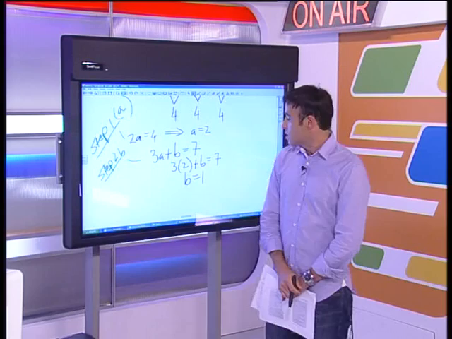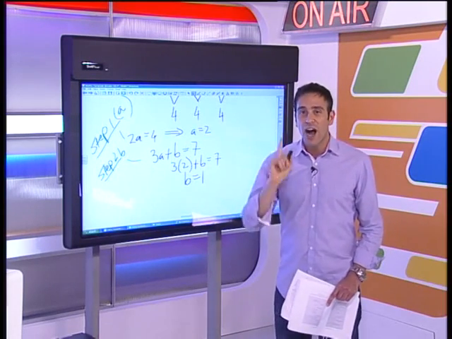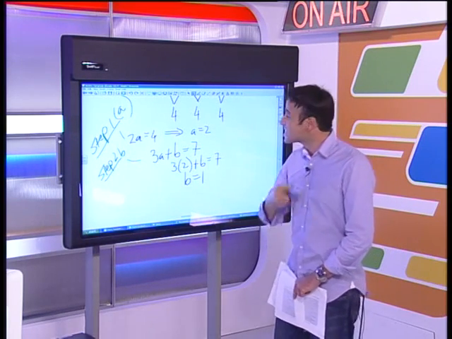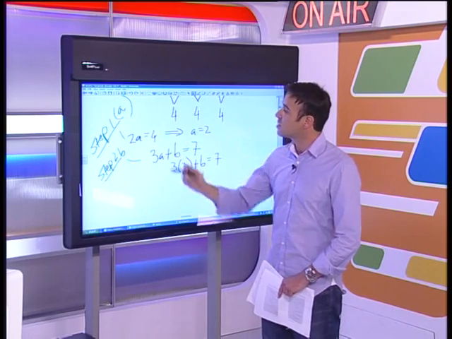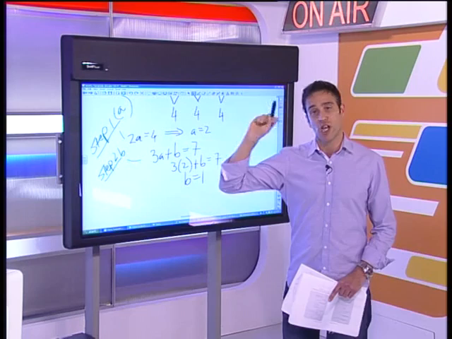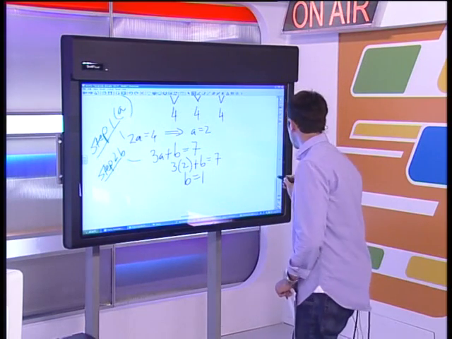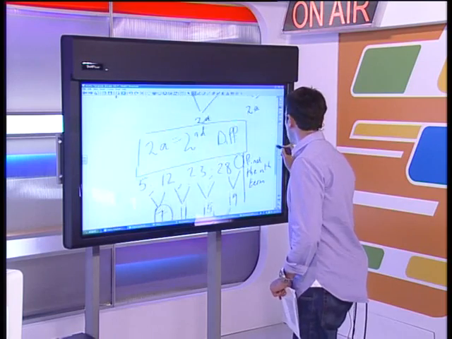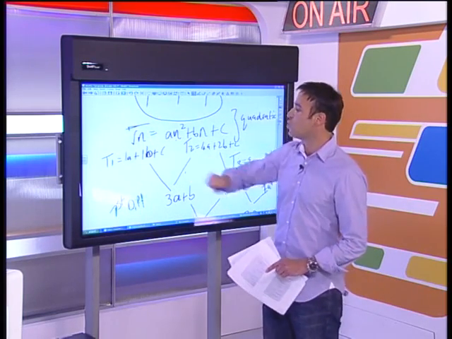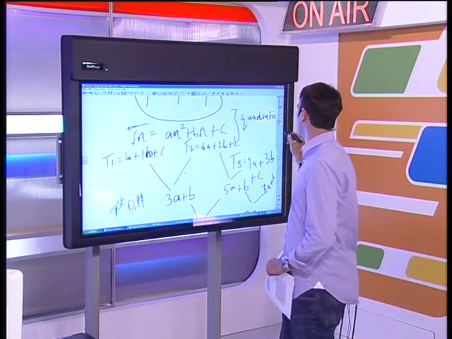Some of you should already have the lights on here. You should already be saying, I know how to now get c. For those of you that are still in the dark, we do the exact same thing that we've just done in step 1 and step 2, except we use one of the equations from the general term that has a c in it. Let's go back up and have a look at that general term again. The easiest one to use is this very first one, T1. So I know that T1 is 1a plus 1b plus c.